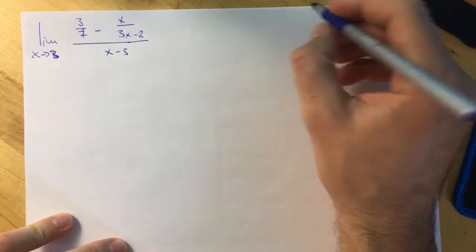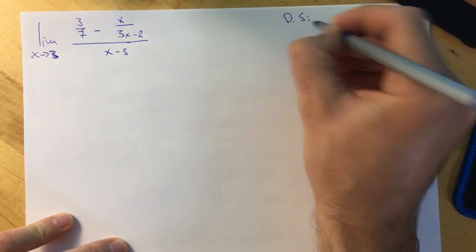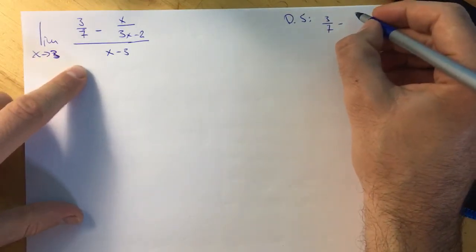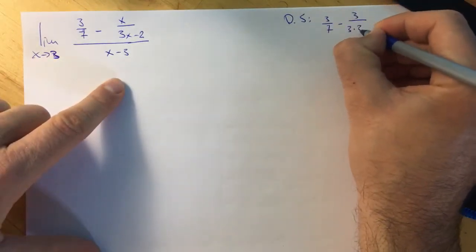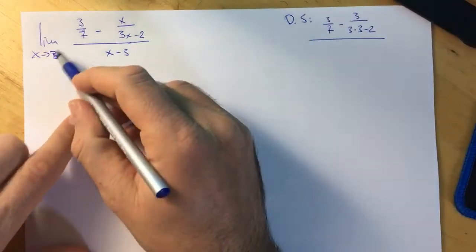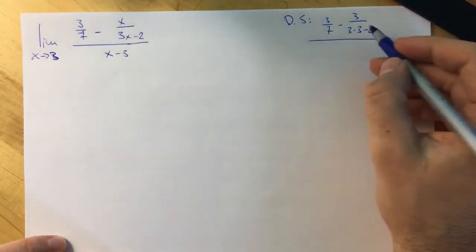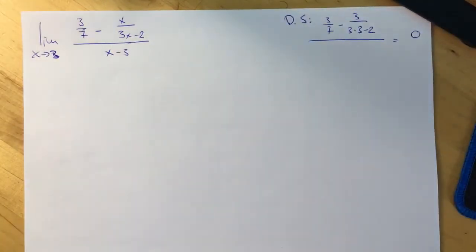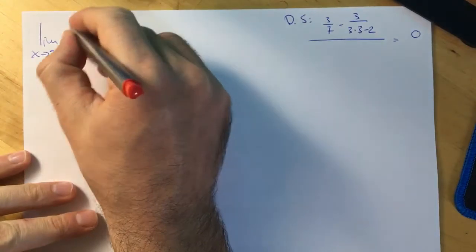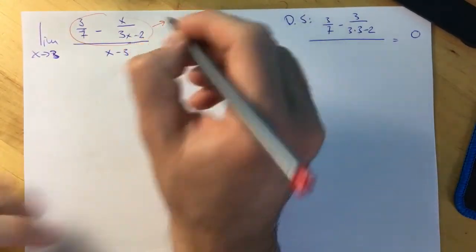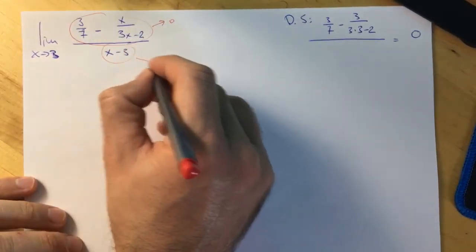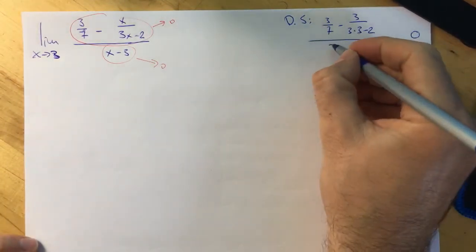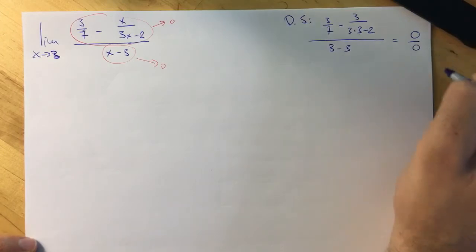First, you use direct substitution, and then you see that 3 over 7 minus 3 over 3 times 3 minus 2, right? You just substitute 3 for x. So 3 times 3 is 9 minus 2 is 7. The numerator goes to 0, right? So the numerator approaches 0. The denominator approaching 0 is evident, right? Over x minus 3. So you get 0 over 0.